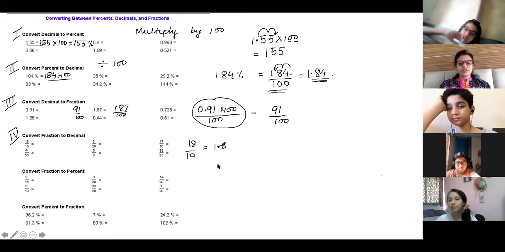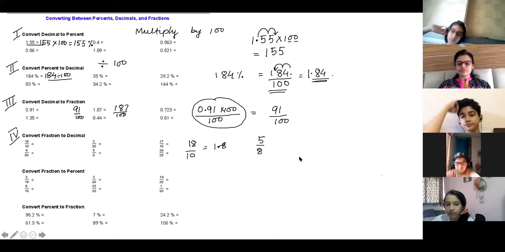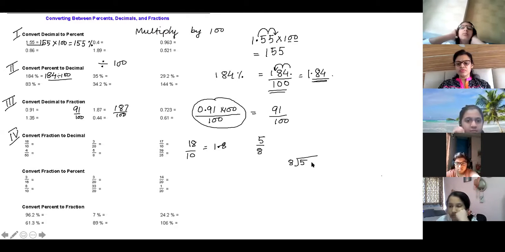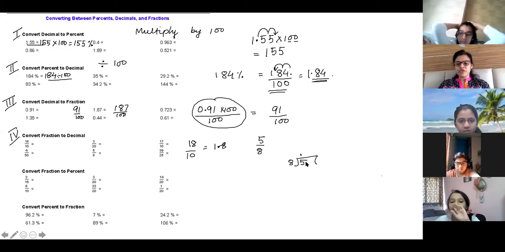But 3 upon 20, or suppose 5 by 8. I'm doing 5 by 8. How will we do, Rashta? You have to divide the numerator by the denominator. So what is my first step? 5 doesn't go by 8. It is smaller. So what will I put over here? A decimal, and over here a 0.